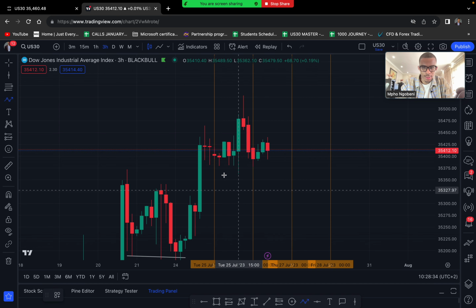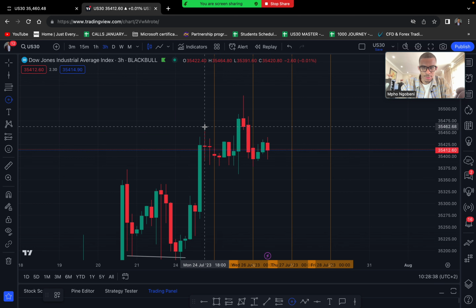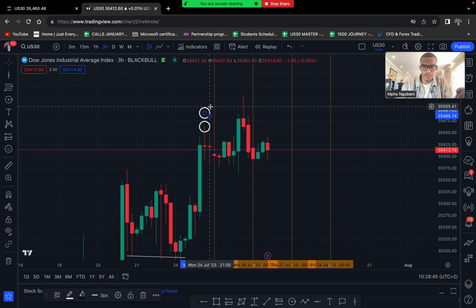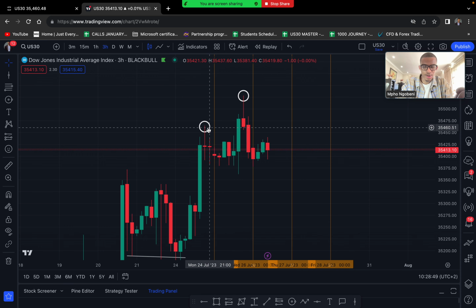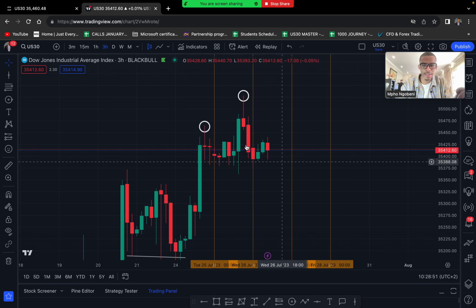So we also check the time zones that acted at that area. You see the time that acted there, and you also check the time that acted there, because this will only become a head and shoulders if the exact time also rejects at that area.